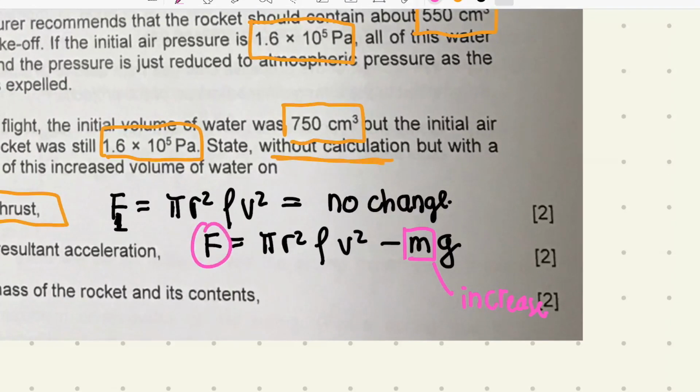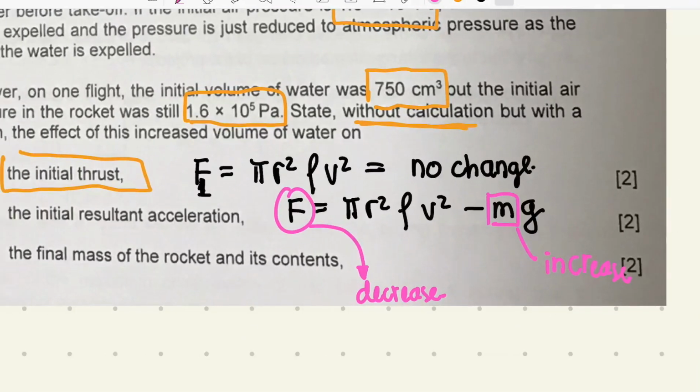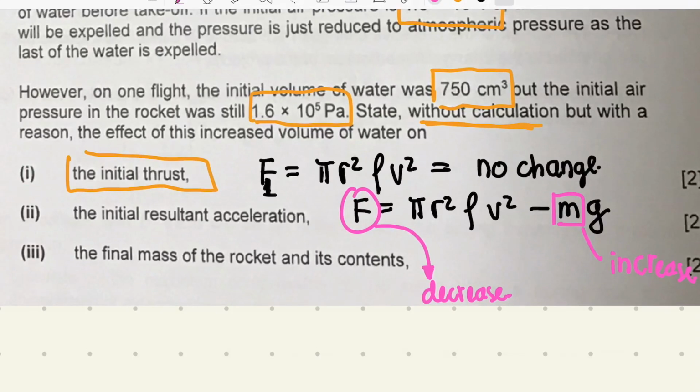The increase in m will decrease the resultant force, and it will decrease the acceleration also. And the final mass of the rocket and its content? The final mass will be increased.